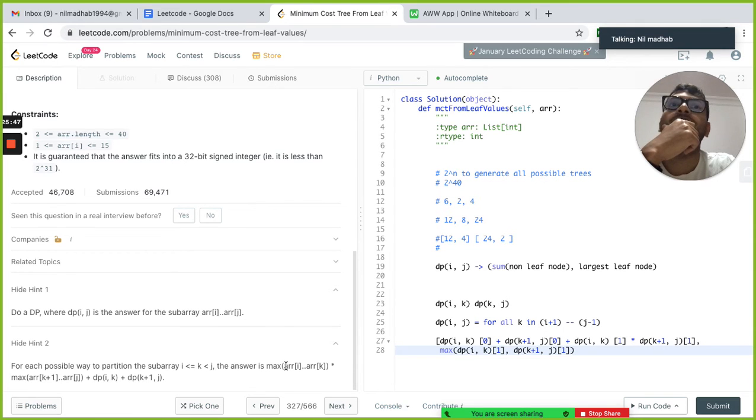Okay, so we don't need to compute this, because the largest leaf node will be the maximum of the area of i to k and k plus 1 to j, plus dp of ik plus dp of k plus 1 and j, right? Yes. Okay, so how would you implement it?